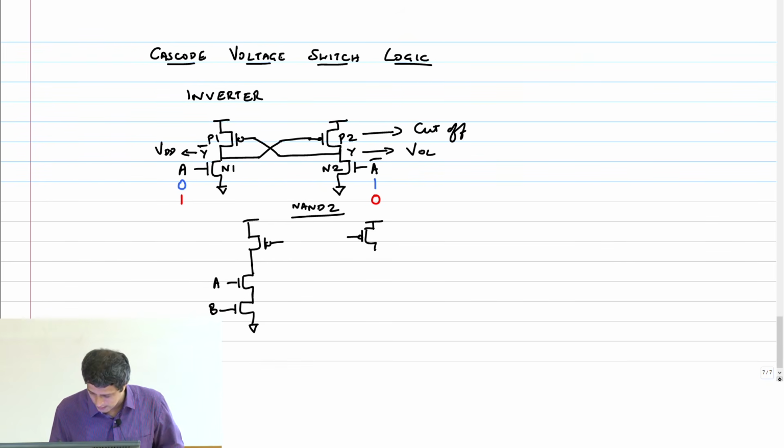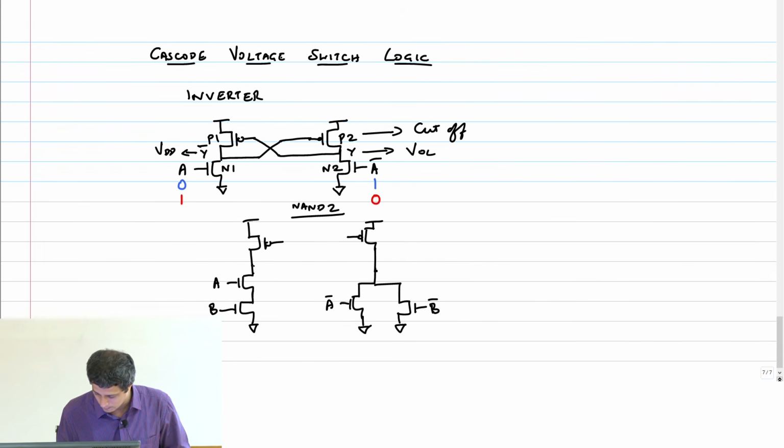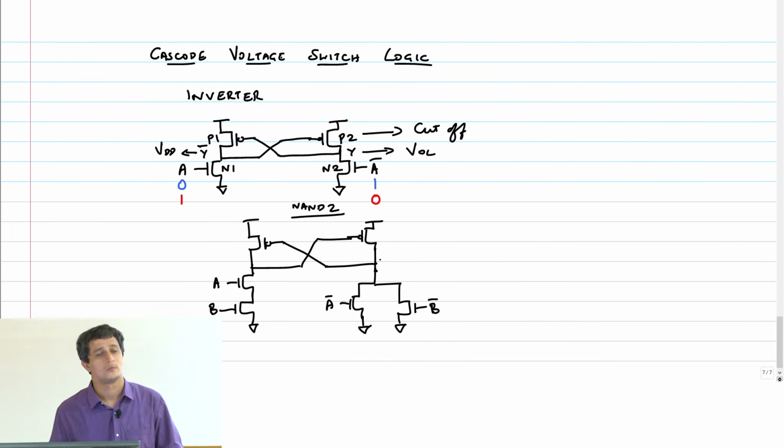Exactly, right? It's not just AB in parallel, it is actually the A bar, B bar. What is this logic here? This is A into B, right?